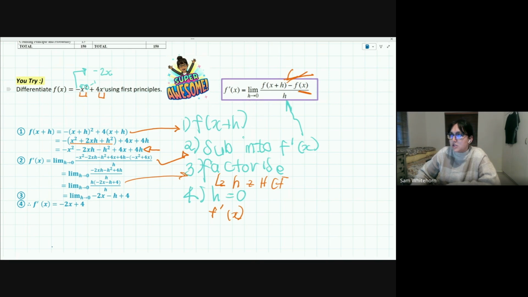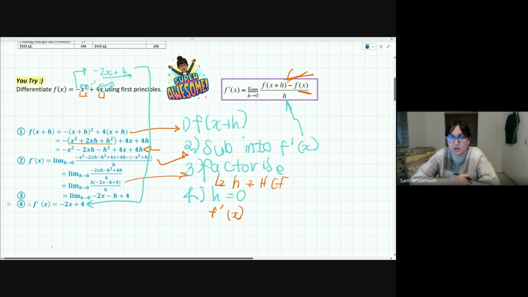Then we move on to the next term and do exactly the same thing. This x has an exponent of 1. So 1 times 4 is still positive 4. Then we subtract 1 from the exponent, which gives us 0. Remember, anything to the power of 0 is 1. So it just stops at 4. If you look at the answer that we got from our first principles, it's exactly the same.